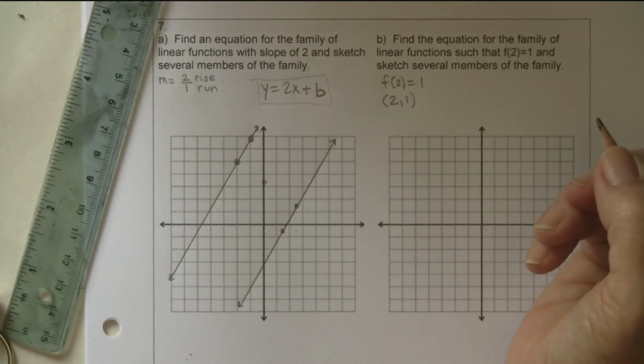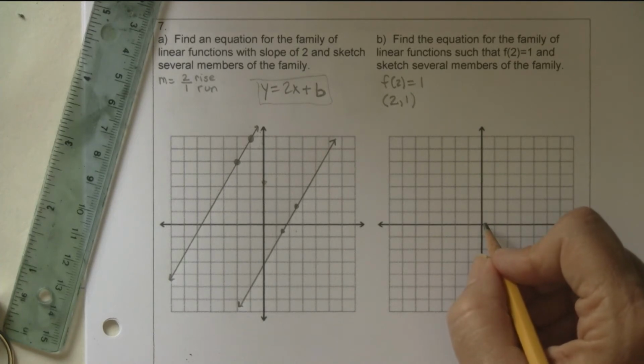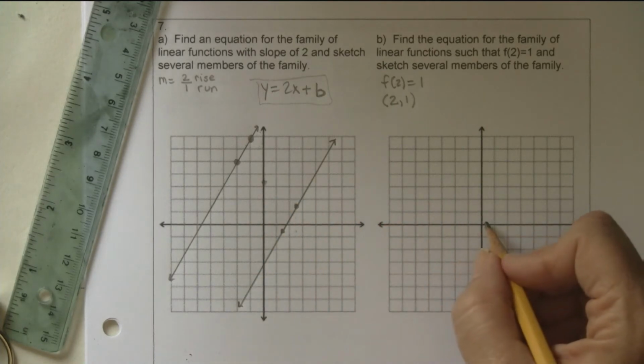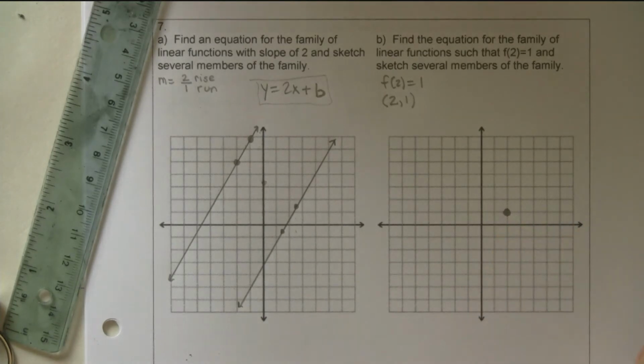And they want me to sketch several members of this family. So we were sketching all things with slope 2 over here, and we're sketching over here all things that go through the point (2, 1).